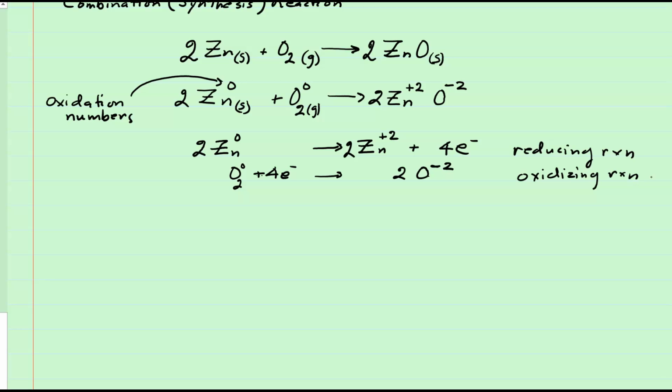So I'm sorry, I did this wrong, make sure there's an error there. The zinc gave up the electrons, so it is the reducing agent. And the oxygen picked up the electrons, so it is the oxidizing agent, hence the name. Now, the reducing agent is always oxidized.